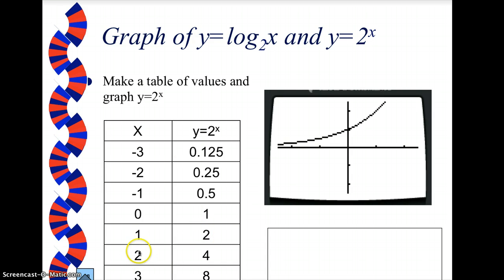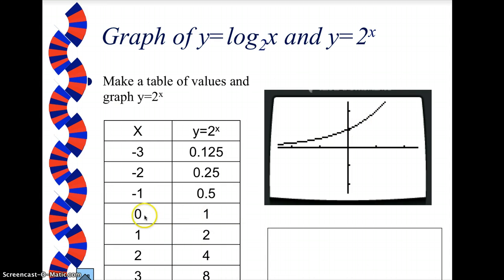Then we're going to use 2 for x. 2 raised to the second power, or 2 squared, is 4. 2 raised to the third power, or 2 cubed, is 8. So if you graph using these values, you will have this kind of graph. As you notice, this touches the y-axis at (0, 1).